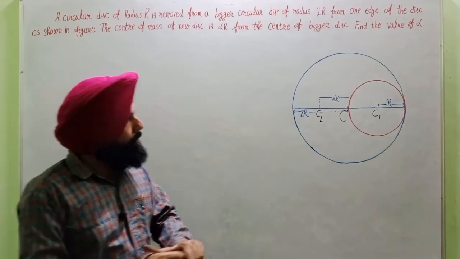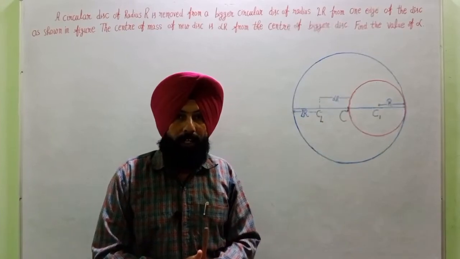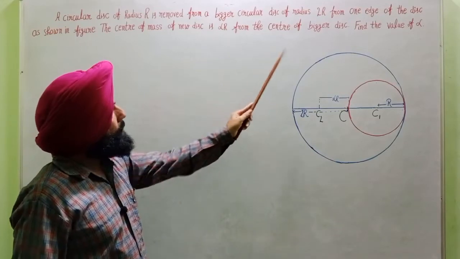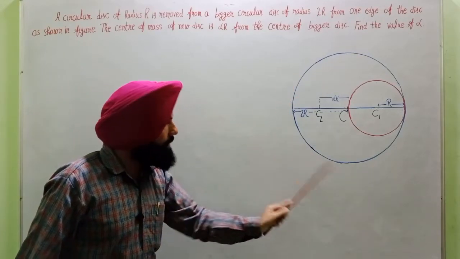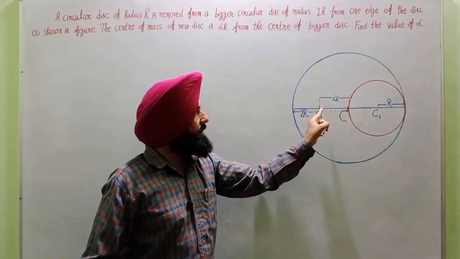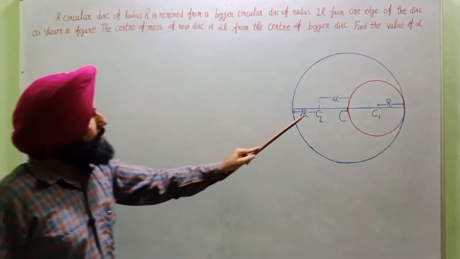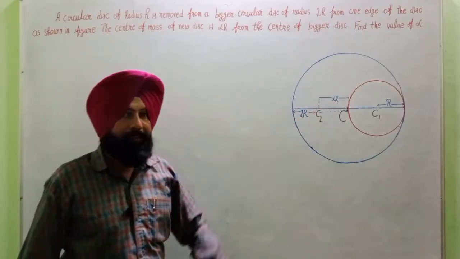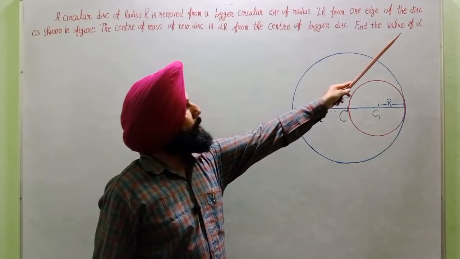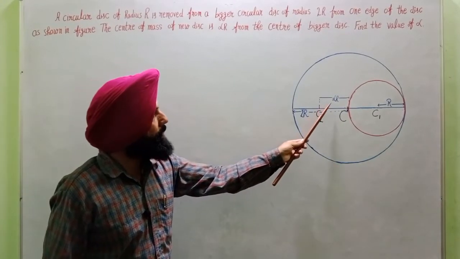After removing the small circular disk, it is given that the center of mass shifted from the center of the bigger circular disk, and the center of mass is now alpha R. Find the value of alpha. In this numerical, we want to find the value of alpha.